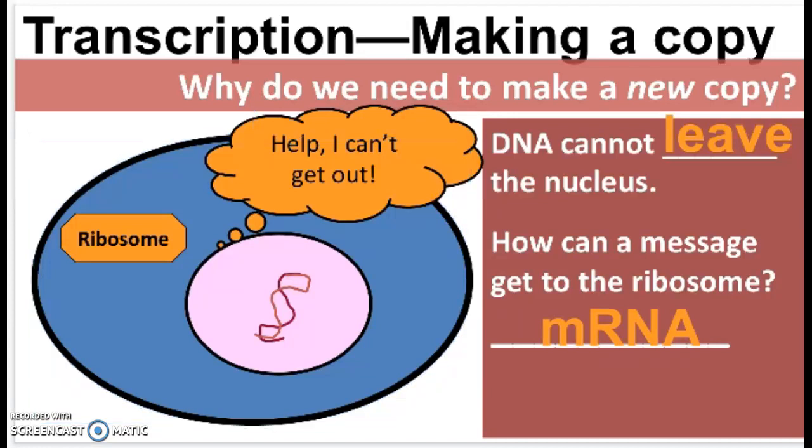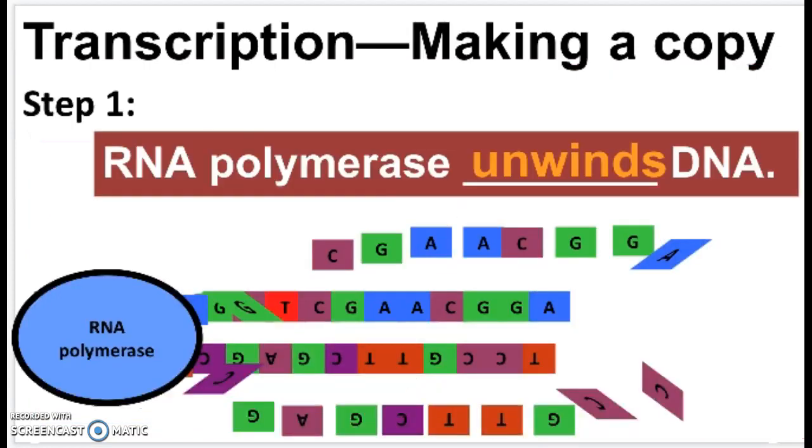So before we go to this next part, I want to go over step 1. In order to make RNA, the DNA, as you see here, this is TATACG. This is DNA. The DNA is going to unwind just like it did during DNA replication. And RNA polymerase is going to come in. This is not DNA polymerase.